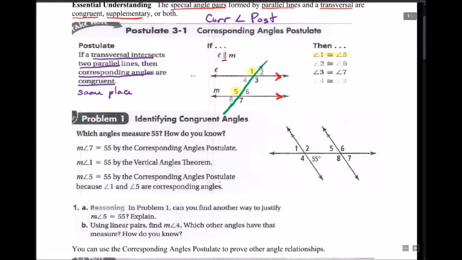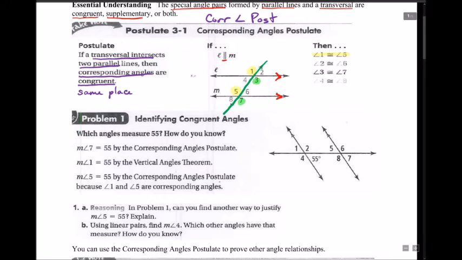And we can do the same with angle 4 and angle 8, angle 2 and angle 6, angle 3 and angle 7. Right, all of those are corresponding angles. They are in the same position. Our requirement is met.